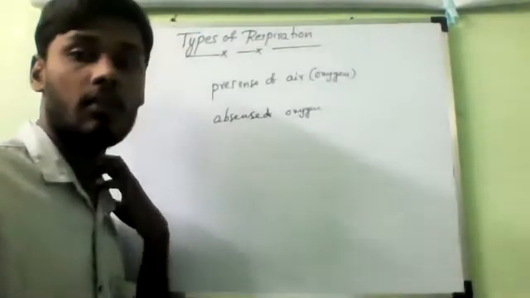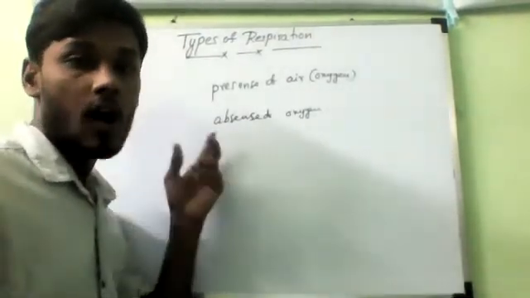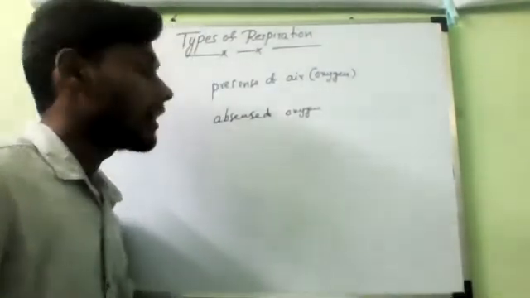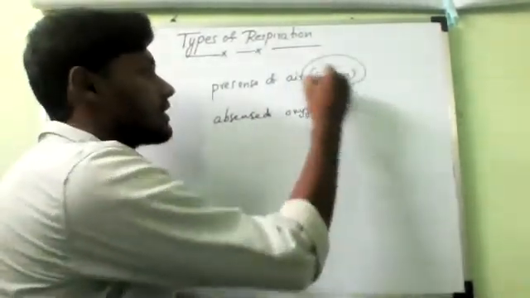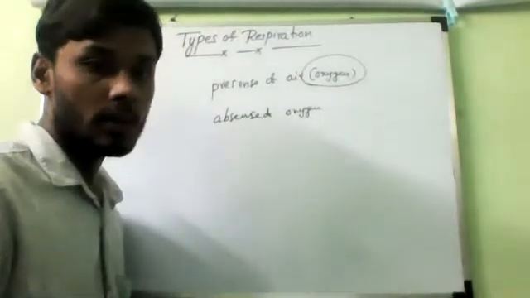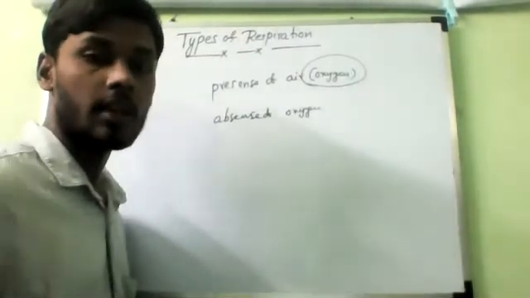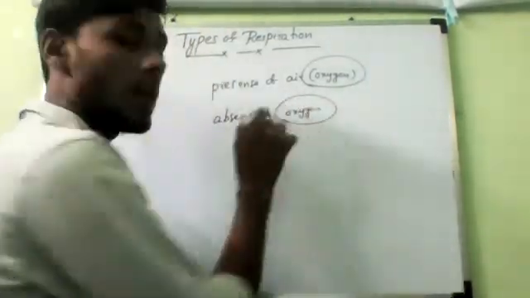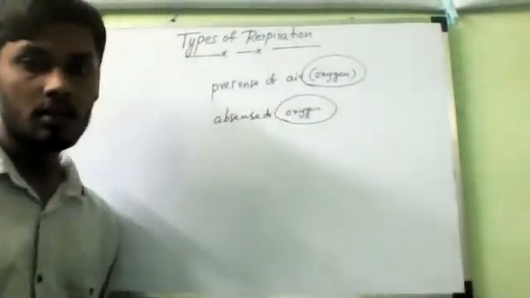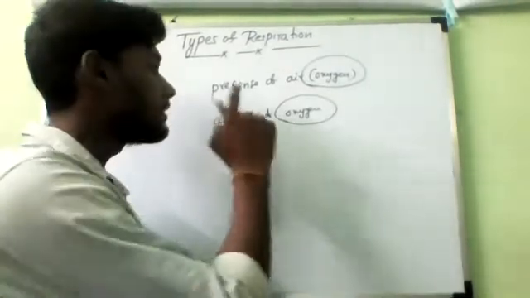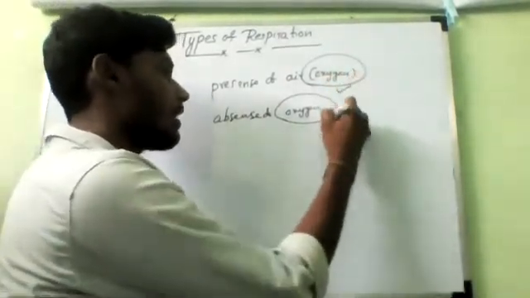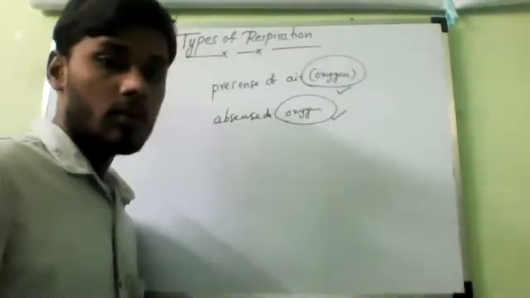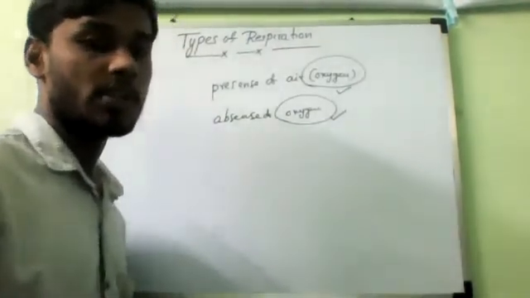Understand, the oxidation of food to obtain energy can occur in the presence of oxygen as well as in the absence of oxygen. Based upon this presence or absence of oxygen, we have two types of respiration.